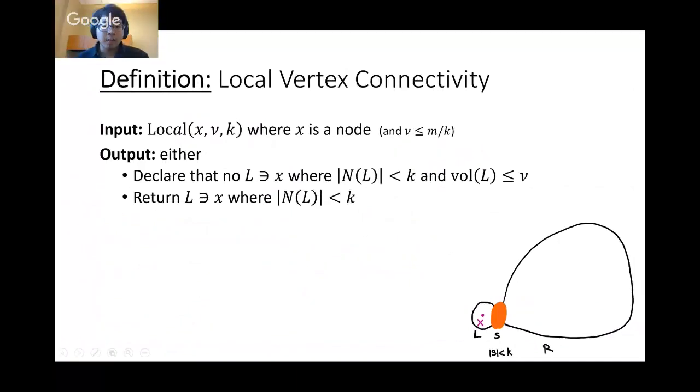Just to remind you again, we have two cases. Given x, nu, and k, we either declare that there is no local cut, in the sense that the volume of L is smaller than nu and the cut size is less than k, or we just find some cut of size less than k. So this is the goal.